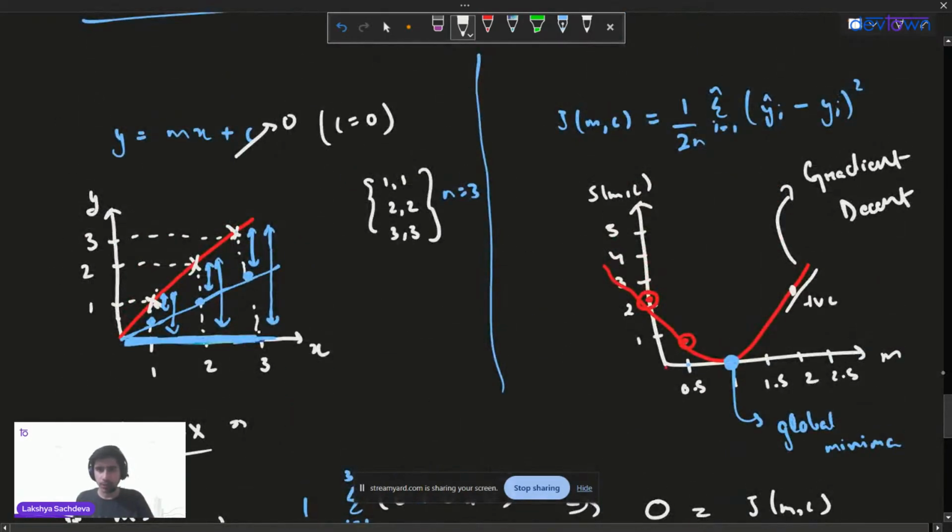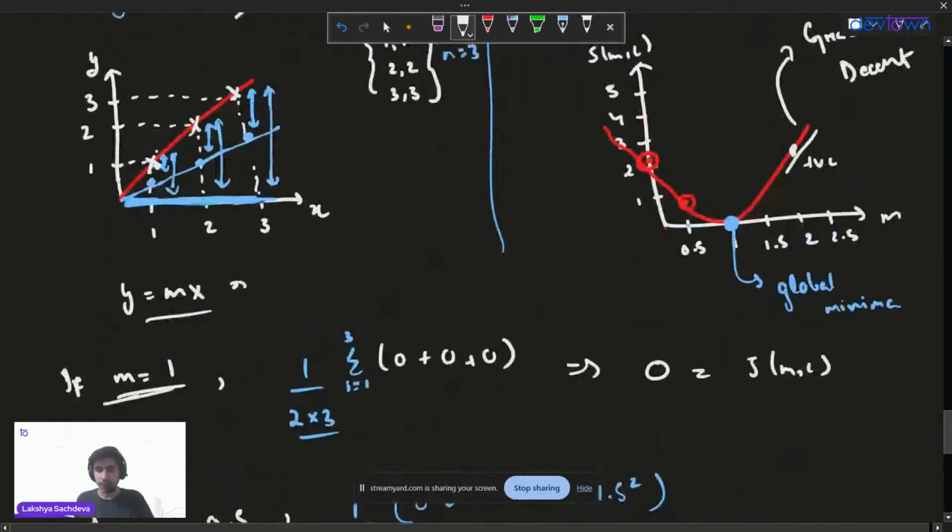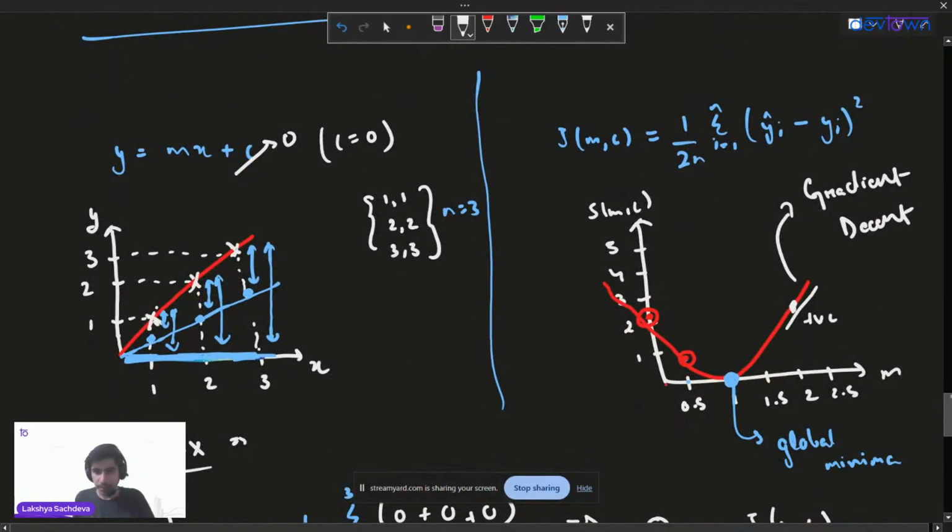So we are subtracting some positive value from theta j, which means we will move towards the left.